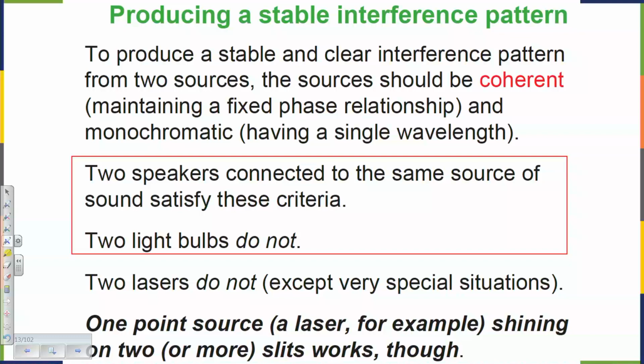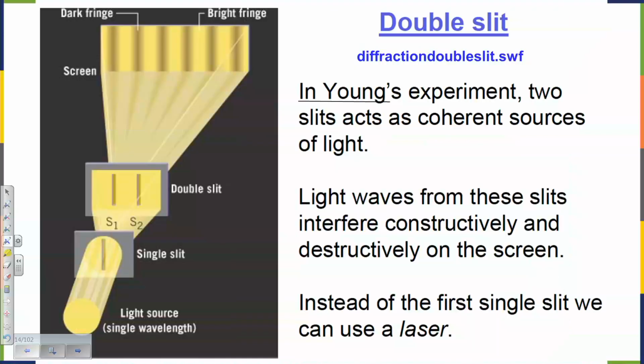So the approach is actually very simple. It took a while to figure it out, but the approach is simple. We need one source. We just have to split the light it generates into two individual sources.